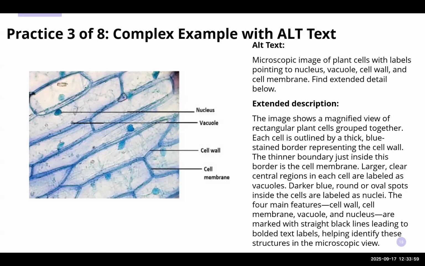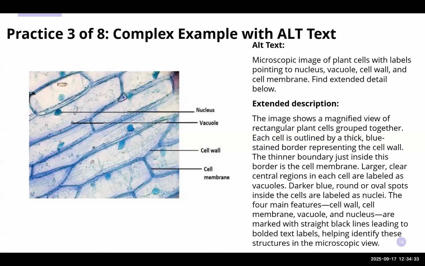So again, it is a very clear and simple alternative text that tells us what the image is, and it highlights the key labeled structures without getting lost in many details. Because this, again, is an educational image showing specific parts that students need to recognize, we definitely provide an extended description or an accessible format, I would say, for more content.